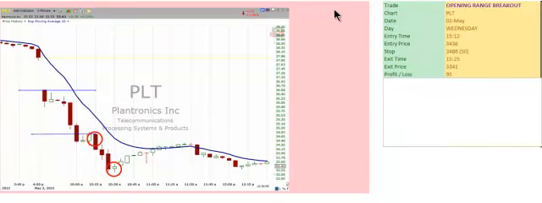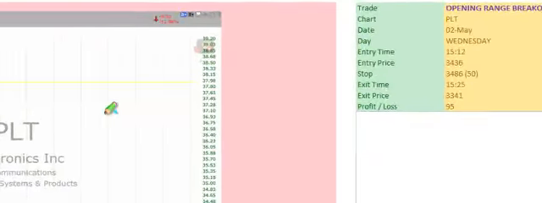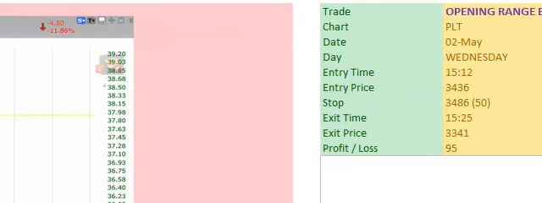However, even though it's an unlucky day, you do have profitable trades. So this was quite a nice trade actually. Entry time 15:12, which is 12 minutes past 10. Sorry, I'm using UK time and US time over here. So this is UK time over here, and this is US time over here.